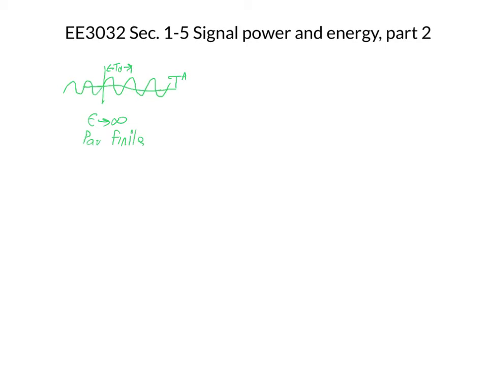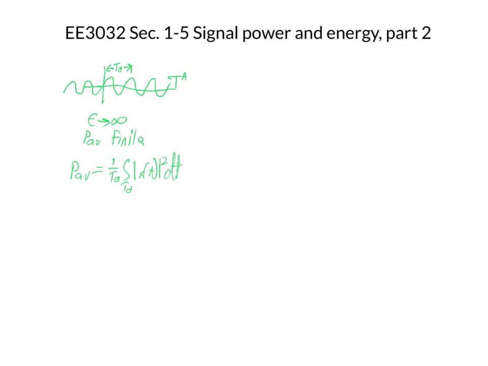And if we look at the definition of power for a periodic signal, we don't have to go out to infinite time. Remember, we can just look at the average over one period of the energy and then divide that by the time, which is just the period.